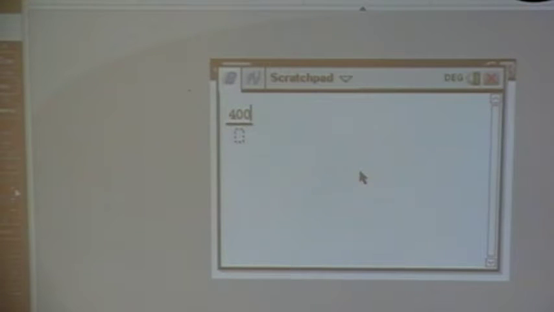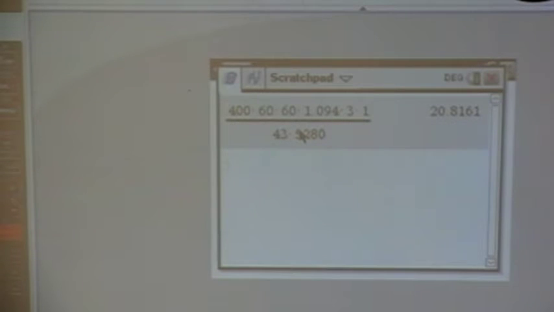And then across the top, I'm going to put exactly what I have. 400 times 60 times 60 times 1.094 times 3. I have to put the 1. And all of that's going to be over 43 times 1 times 1 times 1 times 1 times 5,280.